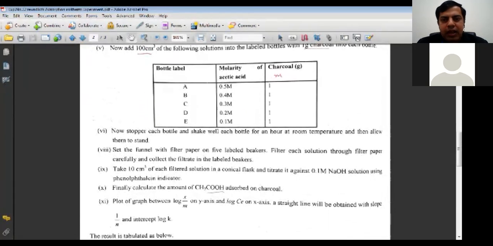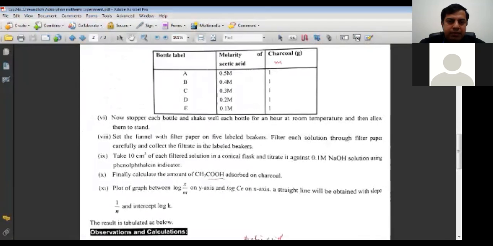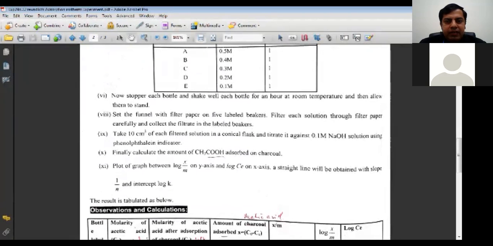Then you have to establish the equilibrium, and this is important. You are doing it at room temperature, and to establish the equilibrium, you can put all these flasks on a shaker, or you can do it manually by stirring with your hands. Then after this, you have to let it settle down, and the two layers will separate out.